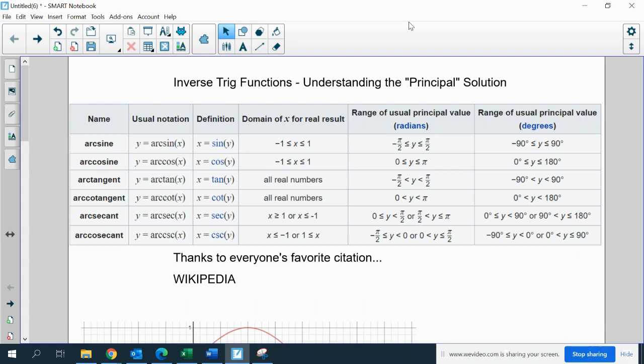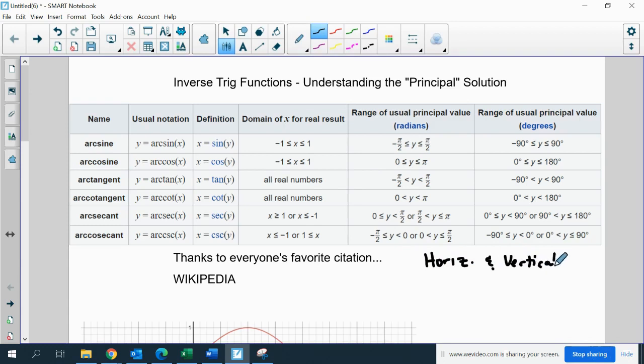Now, just recall that a one-to-one function means that it has an inverse. It has to pass both the horizontal and vertical line test. We learned that in Honors Algebra 2 Trig in the first unit of the year.